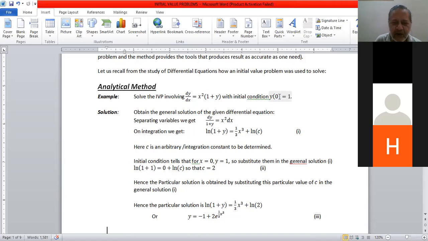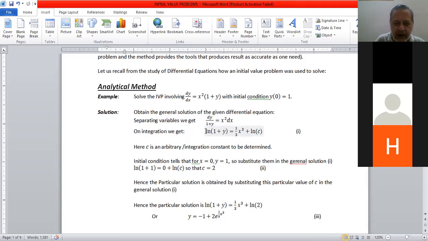That means that at x is equal to 0, y will be 1. First, we obtain the general solution. Whatever method is applicable to the given differential equation, here it is again variable separable. After separating the variables, you can integrate so that you get this as a general solution.